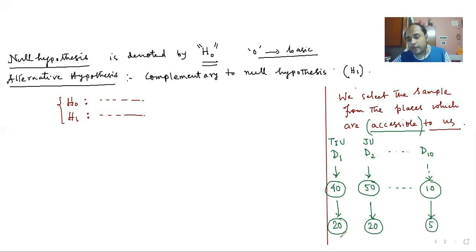In this way, I can select my samples, and at last these people will be asked a questionnaire, which will be designed before I start doing the experiment. So this is a pre-designed questionnaire.